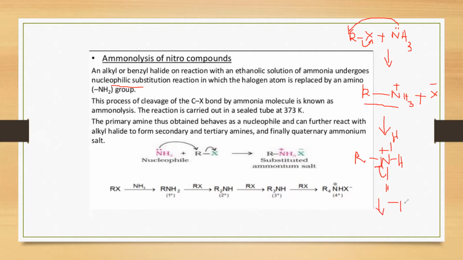Thereby we will be getting RNH2. Hydrogen left the molecule as H plus, leaving that bonding pair of electrons to nitrogen, thereby neutralizing this positive charge. So we will be getting RNH2 plus H plus. So we got a primary amine from an alkyl halide using ammonia.